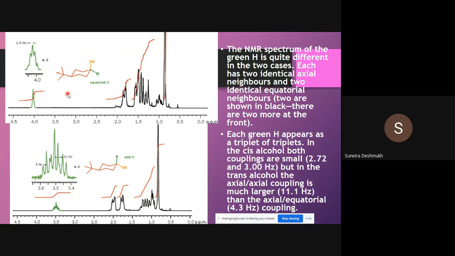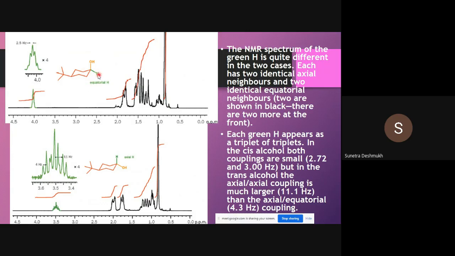Okay, so we only have to look at the J3 value of this green hydrogen. In this example, in this cis alcohol, the hydrogen is present equatorially. So for this green hydrogen, we have to calculate the proton NMR value as well as its coupling constant.